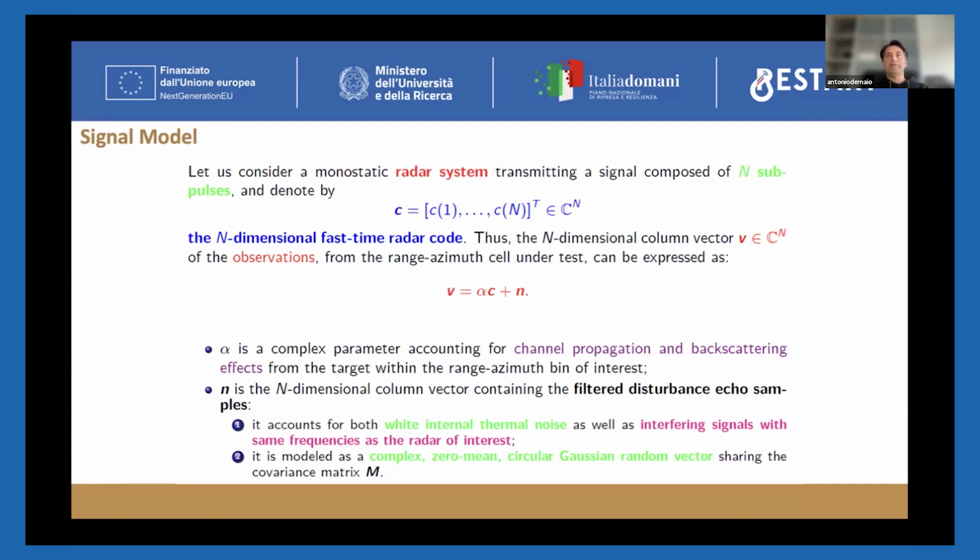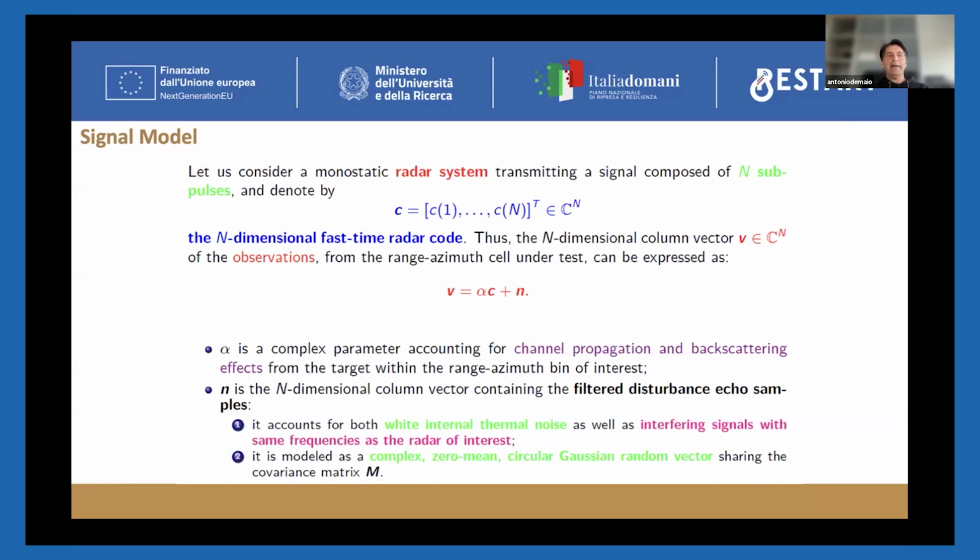This leads to the fast time observations from a range azimuth cell under test, and they can be arranged in a vectorial form in the vector V, which can be written as the product of alpha times the code C plus a component N. And in this notation, alpha is actually a complex parameter accounting for the echo from the target within the range azimuth bin under test.